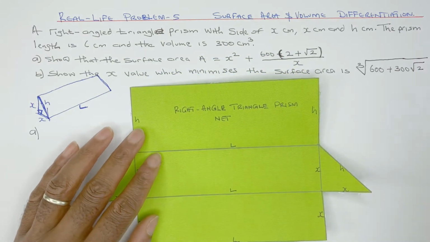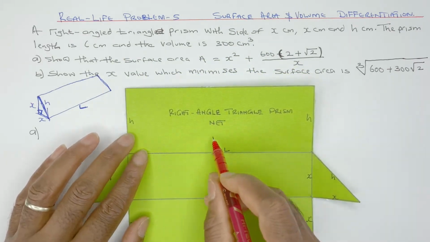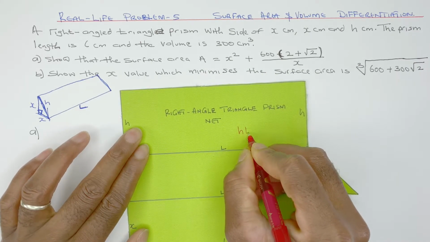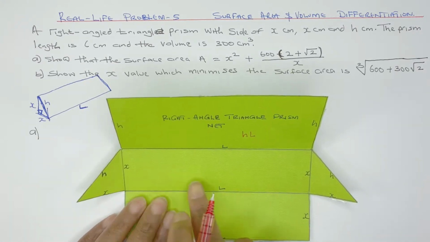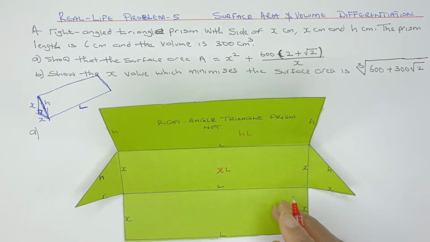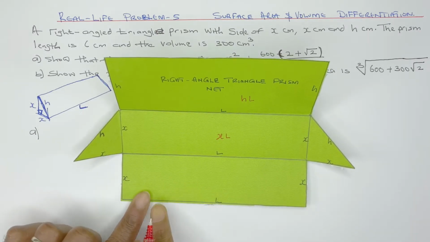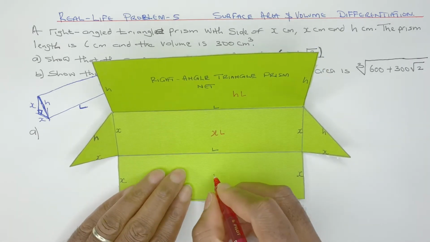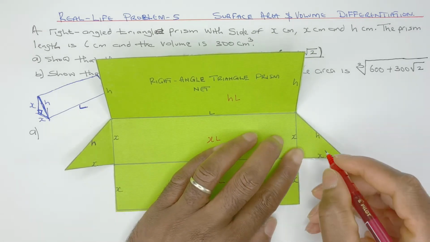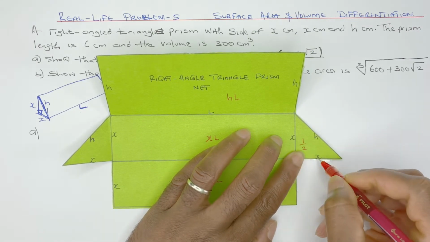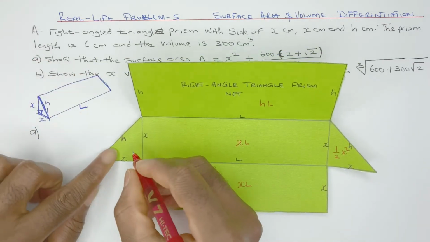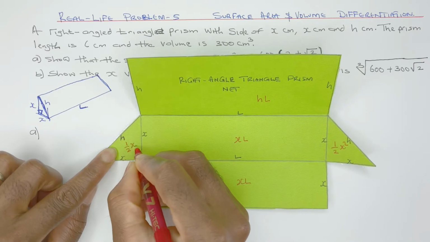For the surface area of this one here, it's going to be H times L, so that will be HL. The surface area for this one here will be XL, and the surface area for that will also be X times L. For this triangle, it's going to be a half X times X, which is half X squared, and this one here will also be half X squared.